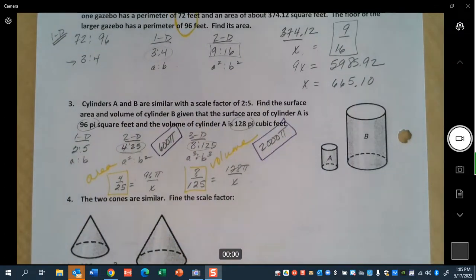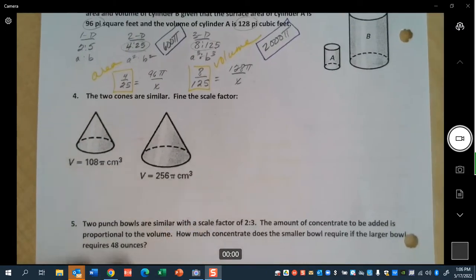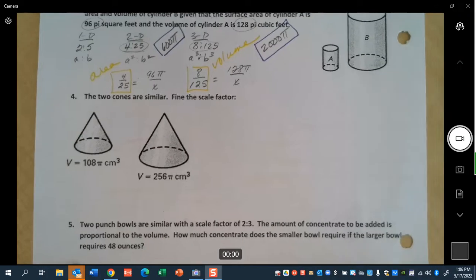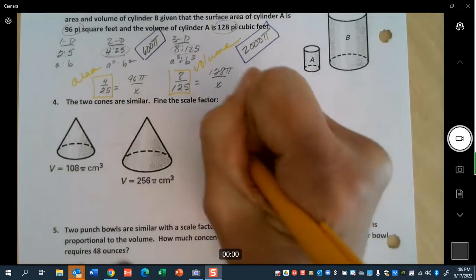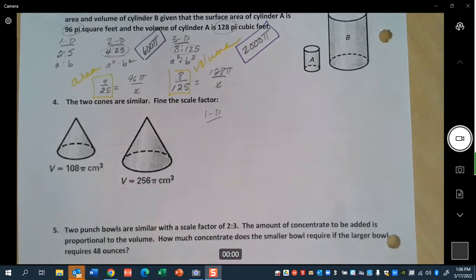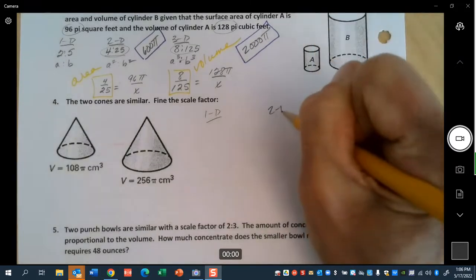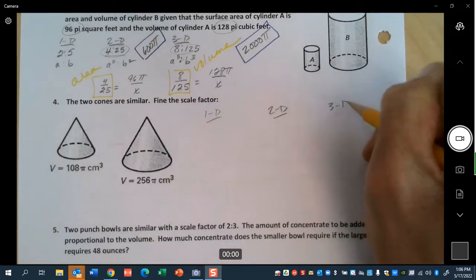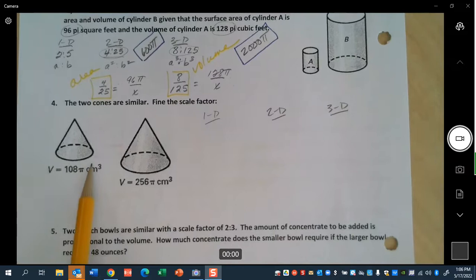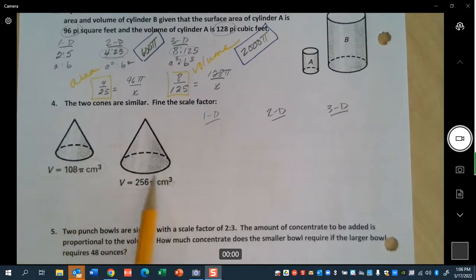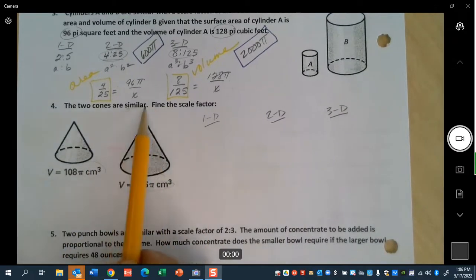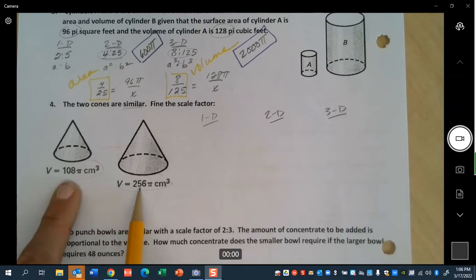So this is an interesting story. These two cones are similar, and we need to find the scale factor. So again, make your chart: 1 dimension, 2 dimensions, and 3 dimensions. If these are their volumes and you're given that they're similar, where can I put this story?